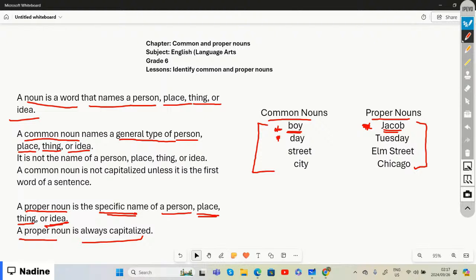But if you're specifically saying which day it is, if you, for example, say it is Monday or Tuesday or Wednesday or Thursday, Friday, Saturday, or Sunday, then that needs to be capitalized. The days of the week need to be capitalized. But if you just say, for example, that day, this day, generally, because it can be any day, then it is a common noun.